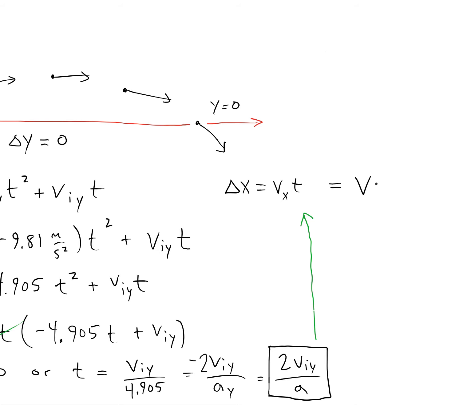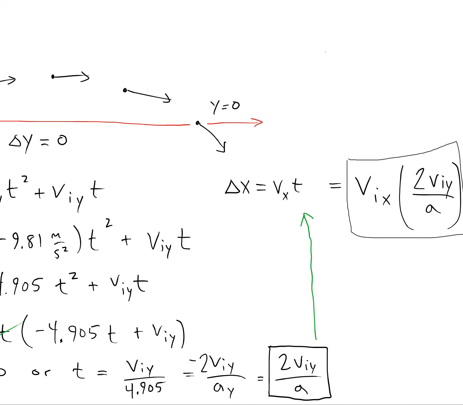So we'll have Vix times 2VIY over the acceleration. If you remember, the Vx doesn't change. It stays the same all the time, so it doesn't matter whether you use Vx or Vix. So I'm going to make a new column for this formula in my spreadsheet. Then we'll know how far each of the hypothetical launches will go.